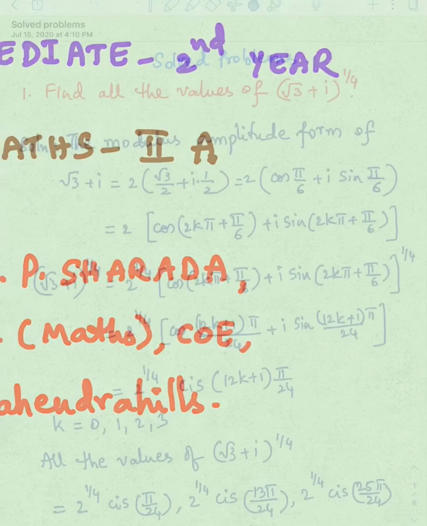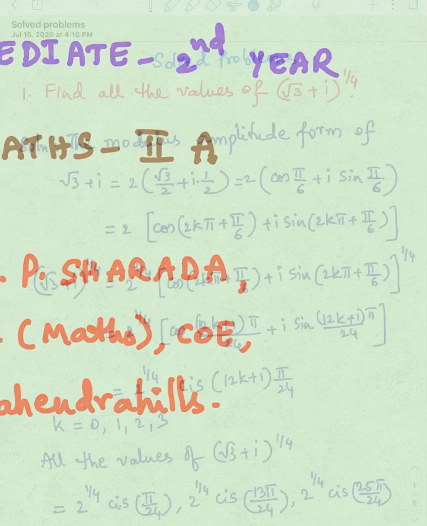Next, in the question it is asked to write power 1 by 4. So put it. Don't forget to put power for 2 also. It will become 2 power 1 by 4. And now LCM. It will become (12k plus 1) into pi. How? Let us check once. LCM is 6.